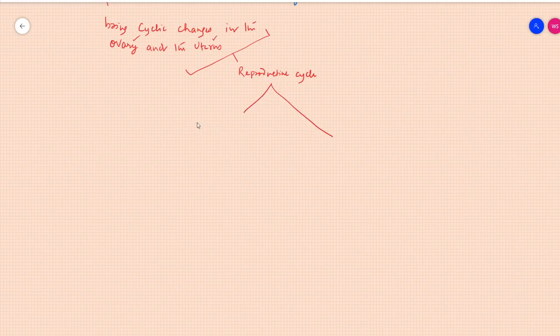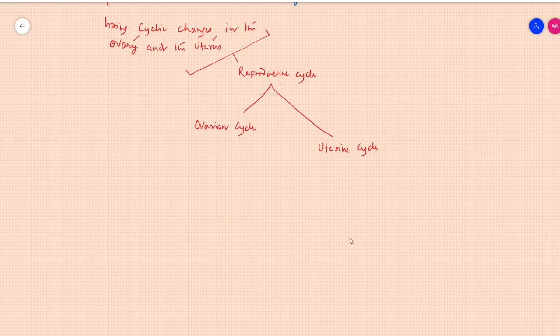One we call the ovarian cycle, and the other we call the uterine cycle. Okay? Together they are also called the menstrual cycle. Okay? Right.